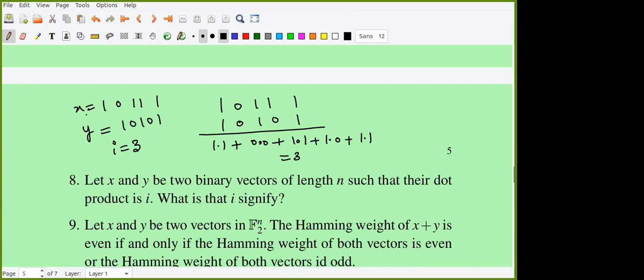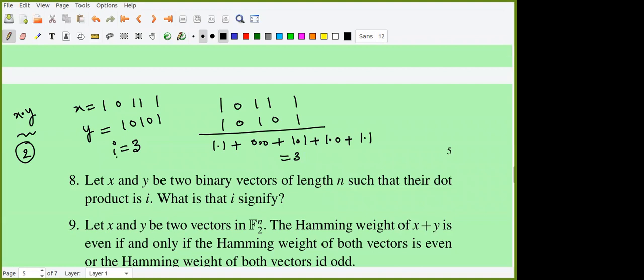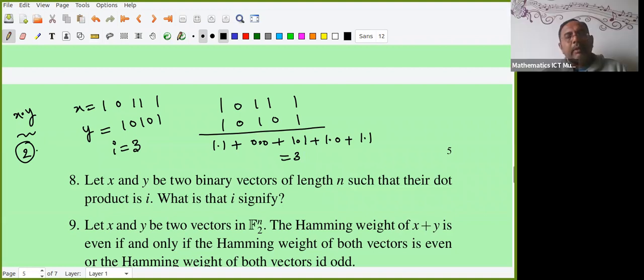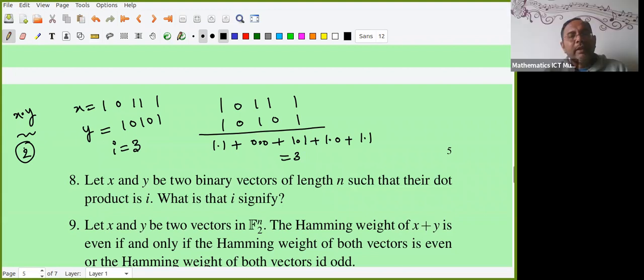So now I am telling you, I gave two vectors x and y. Okay, x dot y value is equal to 2. What is the meaning of that? In this example, it is 3, right? The number of places that are contributing. So when I get the number 2, to get 2, what is that I need to know about x and y?